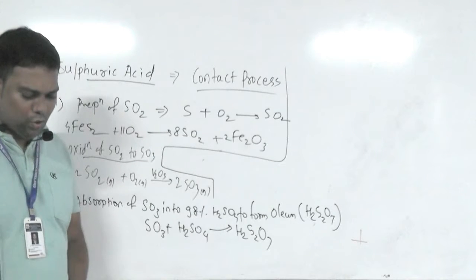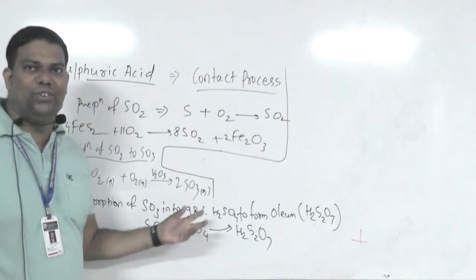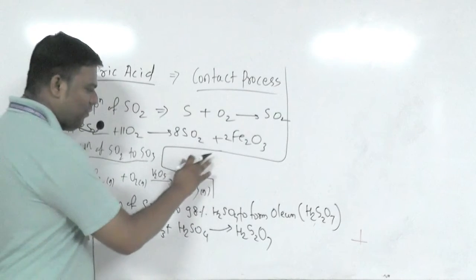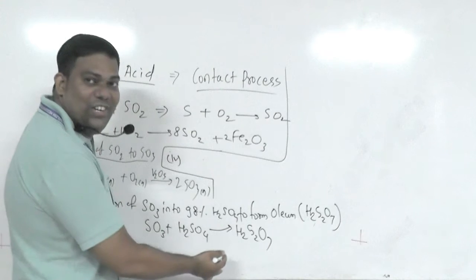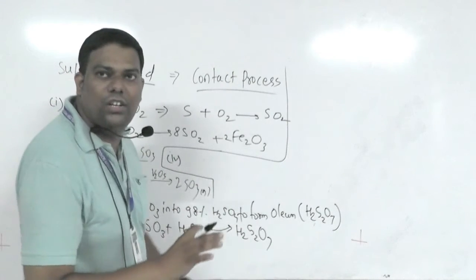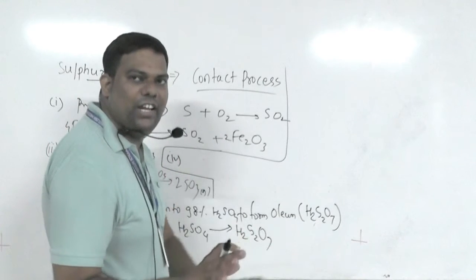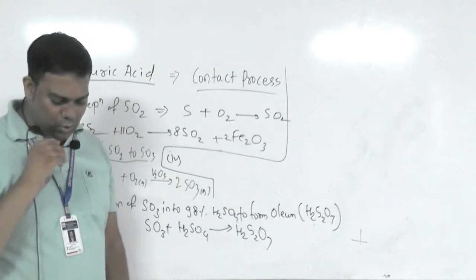That is what your oleum is. And after this, the fourth step is dilution. When you dilute this, you will get your H2SO4, purely the form of H2SO4.